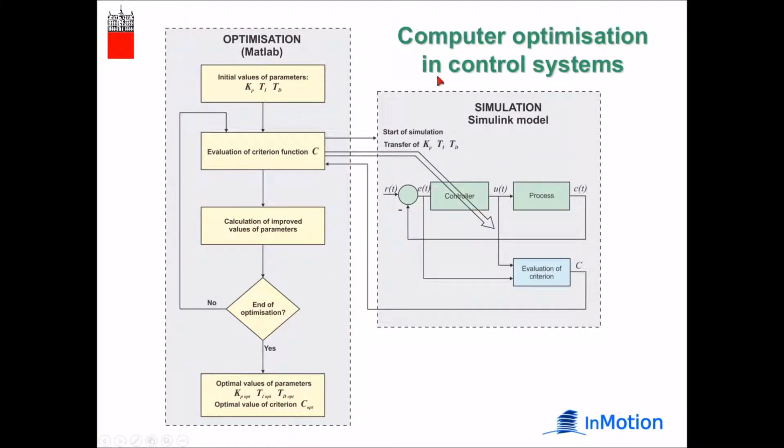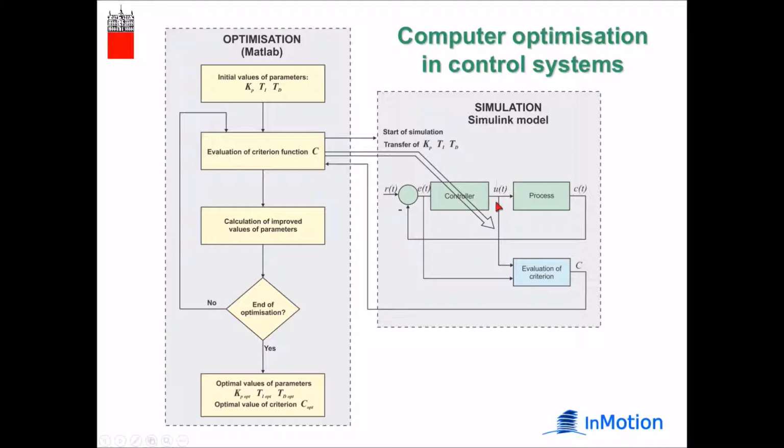This is the problem in which we optimize the control system. In this case, the Simulink scheme has the control system. We have the controller, we have the process, and we have, of course, the feedback. This is the reference signal. This is the error signal.